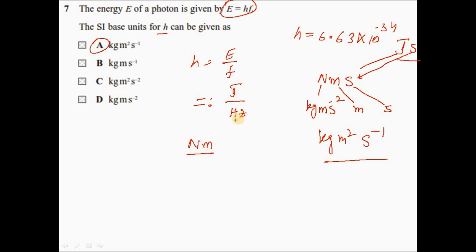Hertz is the unit of frequency, which is equal to 1 over second. That means Newton meter second, and you can do the same work that we did in the previous way. You will have the same answer. Option is A.